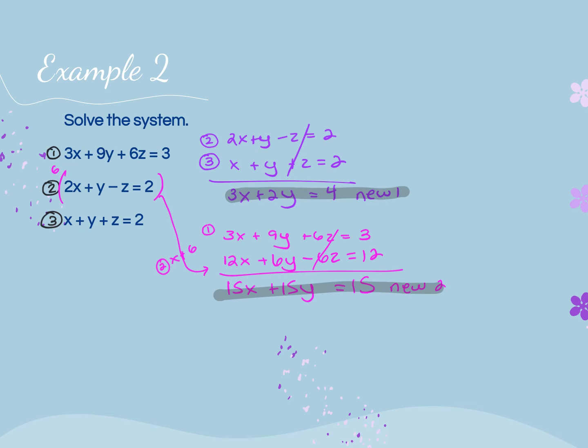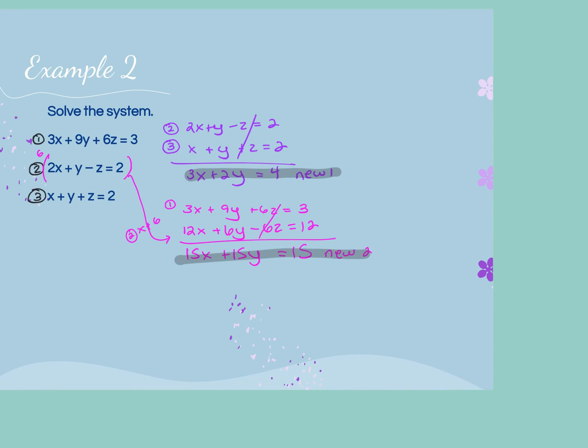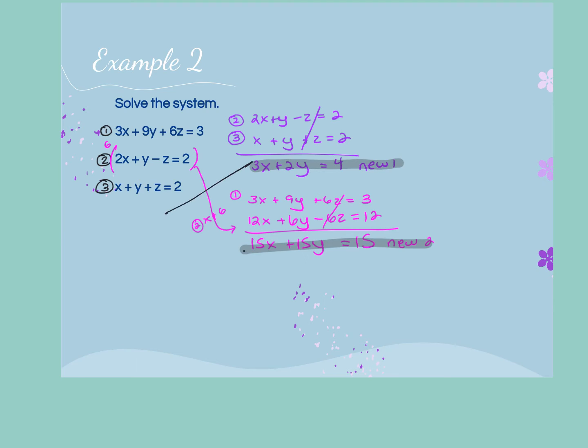The first one we find, we call new 1. The second one we find, we call new 2. Yeah, it doesn't matter. It's just so that we can refer to them later. Okay, now I have to use new 1 and new 2 and narrow it down one more time. So I'm going to take these two, 3x plus 2y equals 4, and 15x plus 15y equals 15.